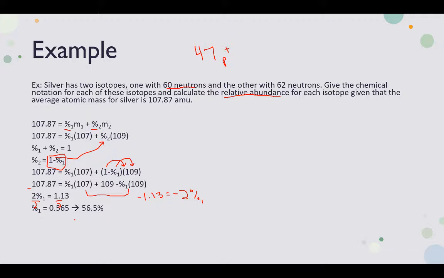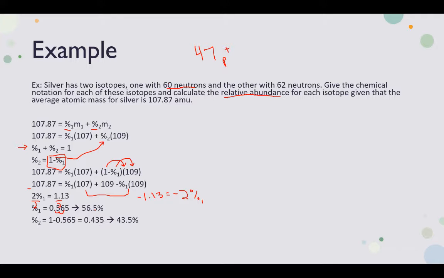And so I get percentage 1 equals 0.565, which is 56.5%, right? When I move that decimal place over 2 spots or multiply by 100, I get my percentage. I know that my percentages have to add up to 1 in the decimal form, or the percentages themselves have to add up to 100.